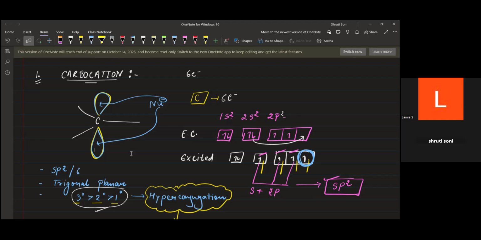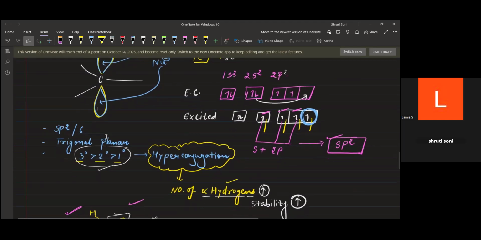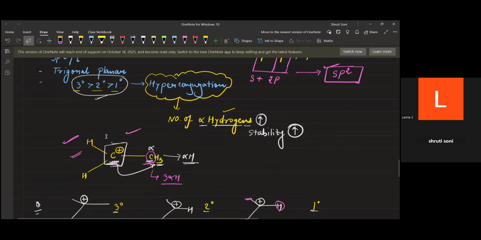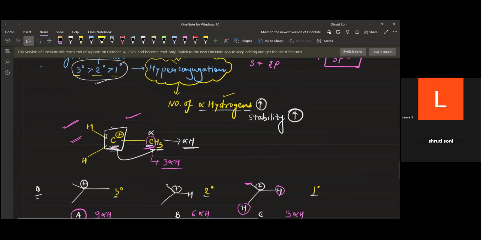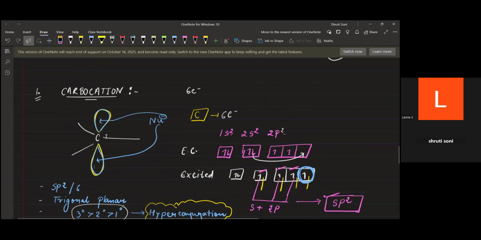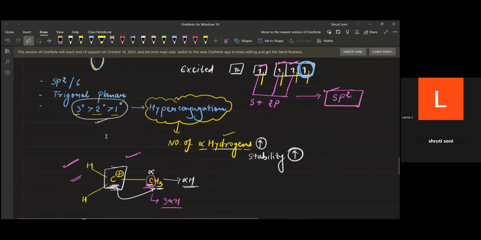And do you know the CIP rule, the R and S configuration, the absolute configuration? Yeah, I've heard of it. Okay.